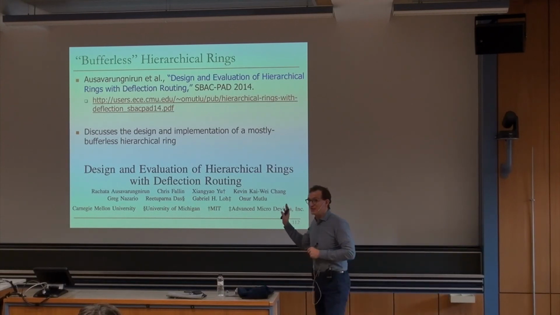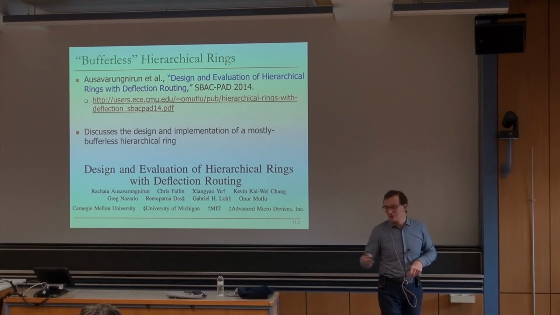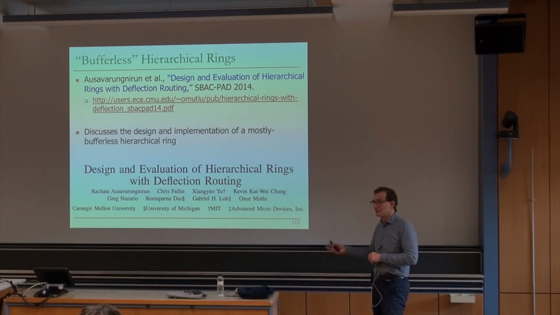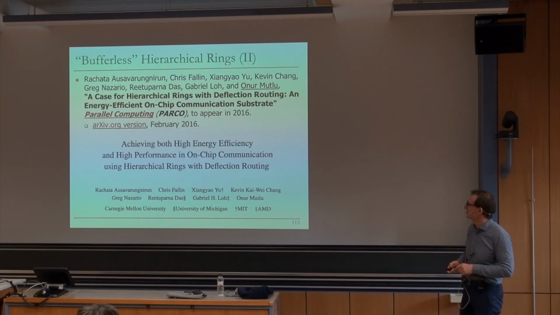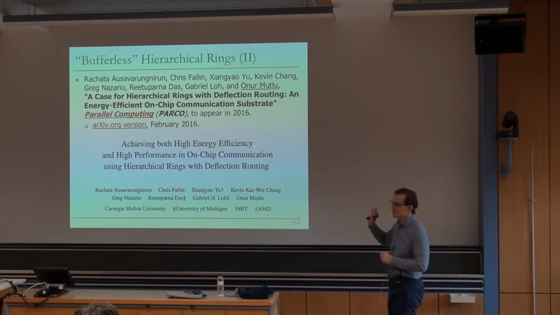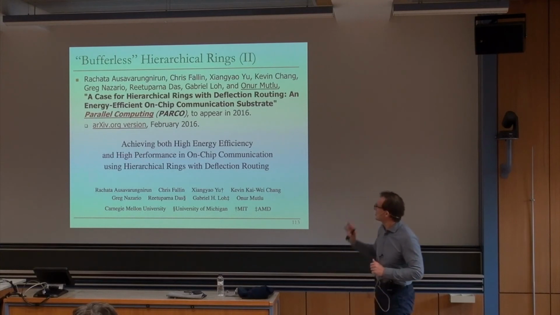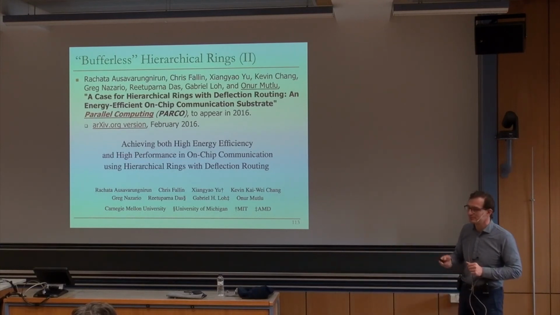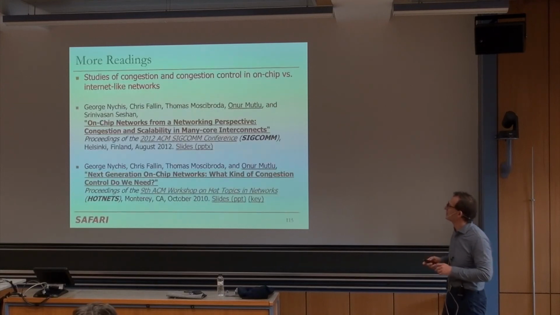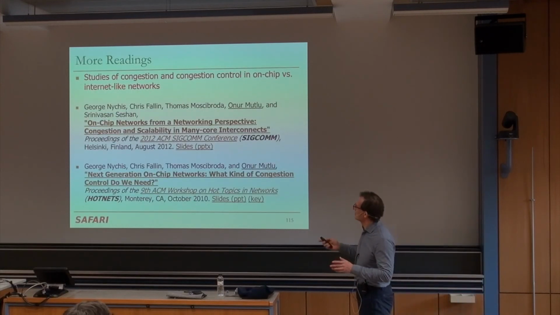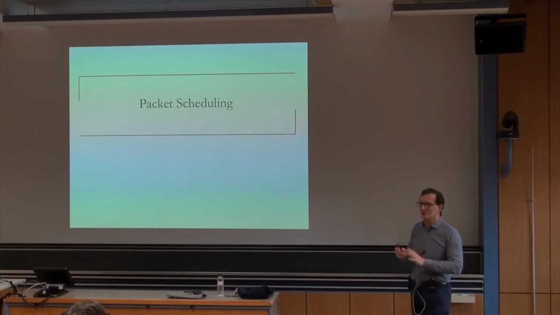So this is another thing that should be examined going forward. Actually, a lot of systems today are based on rings and hierarchical rings as well, and looking at buffering choice is important. Yeah, and this is another paper that goes into a lot more detail on this topic if you're interested in this. Okay, and that's an older one. Okay, so I'm not going to go through this in detail, but you can do more readings.